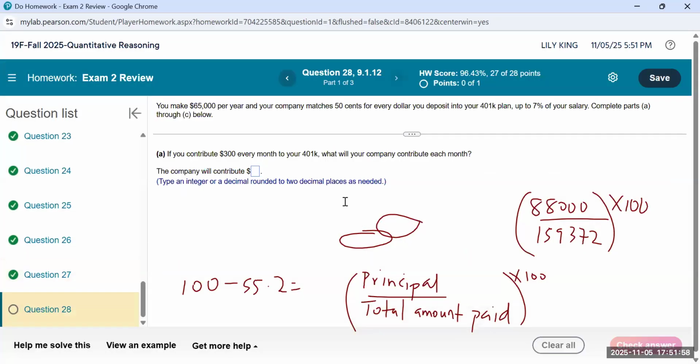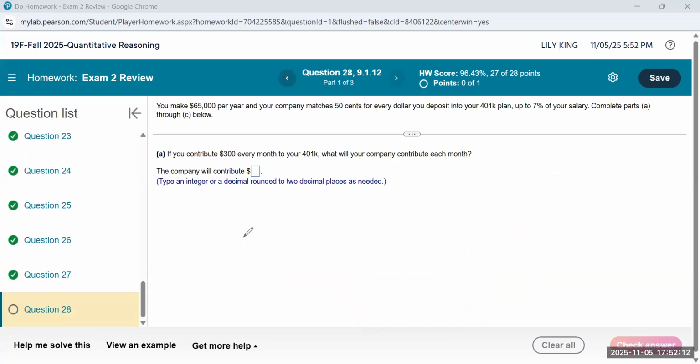And the last question is the retirement. This is the future account balance. Now you make $65,000 per year and your company matches 50 cents for every dollar you deposit into your 401k plan up to 7% of your salary.